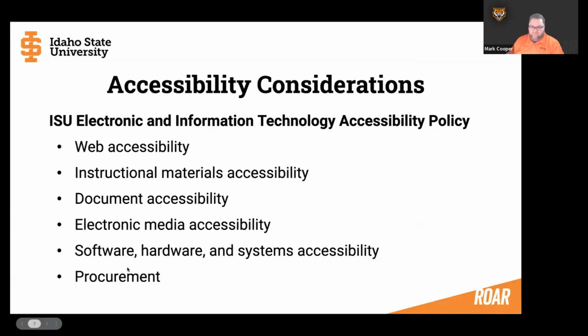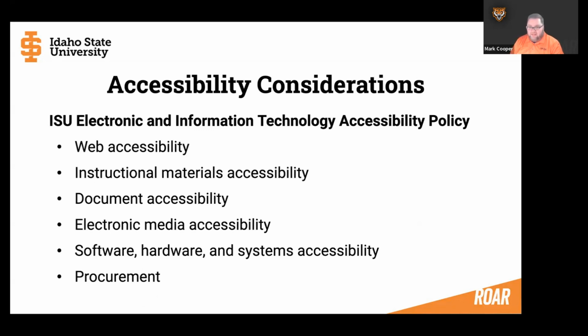Thank you, Kim. Some things to consider with accessibility are, first of all, the ISU Electronic Information Technology Accessibility Policy. And this policy is put out by the Electronic Information Technology Accessibility Committee.